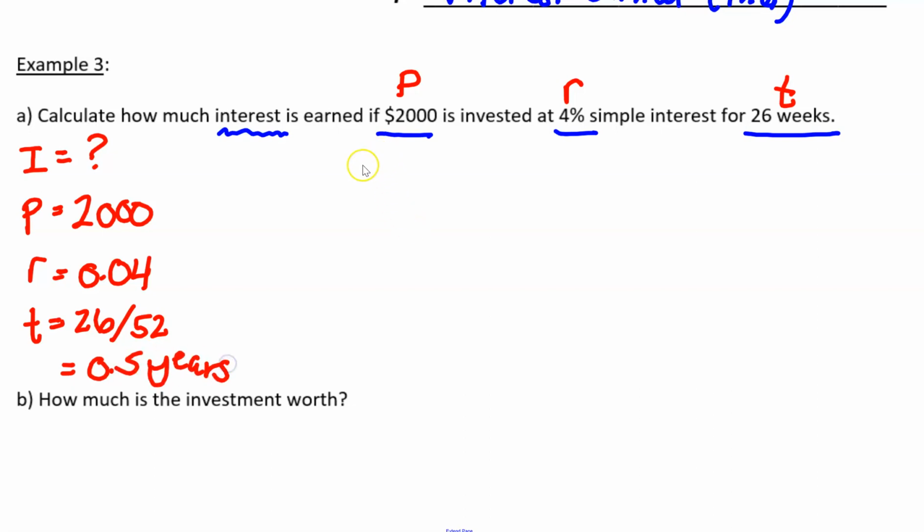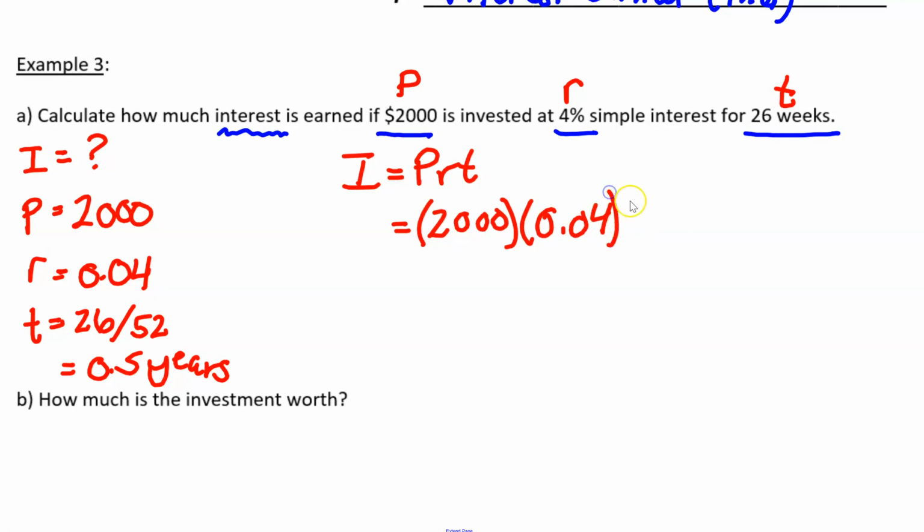So now we can use our equation. I is equal to PRT and fill in what we got. So 2,000 times 0.04 times 0.5.